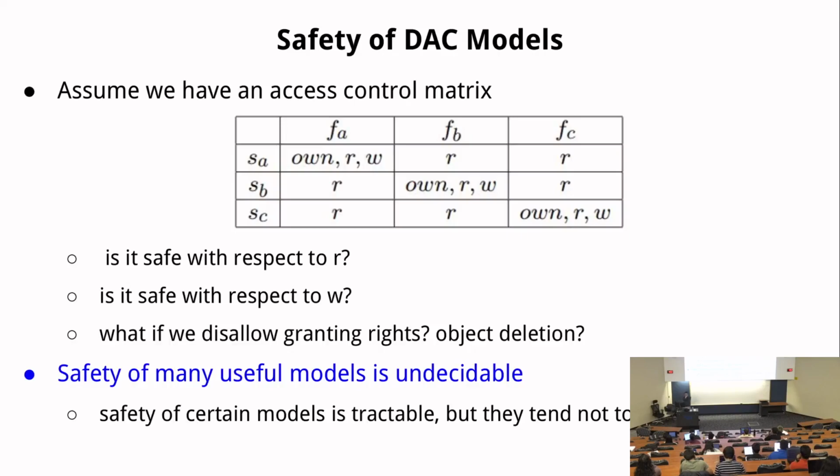So back in the 70s, several researchers defined what safety is in this kind of access control model. Then they used the Turing machine model to prove that the safety of those models is actually an undecidable problem. Okay, this is actually not surprising.